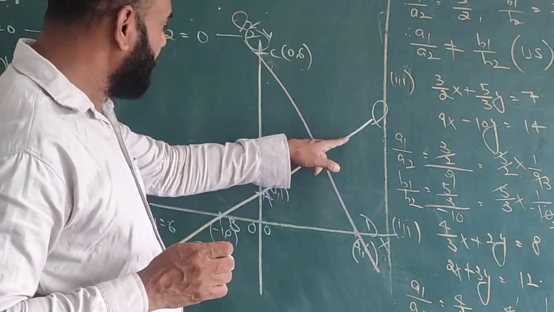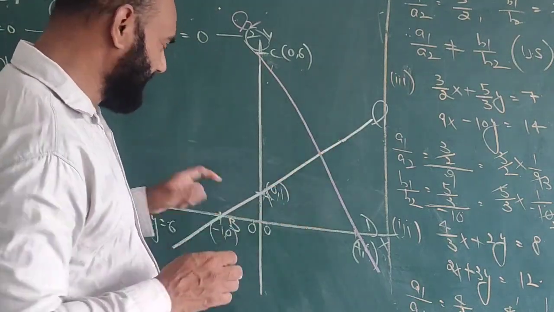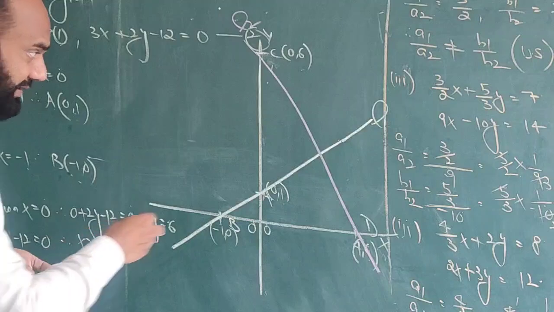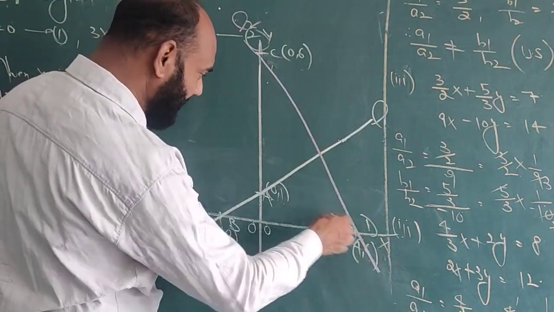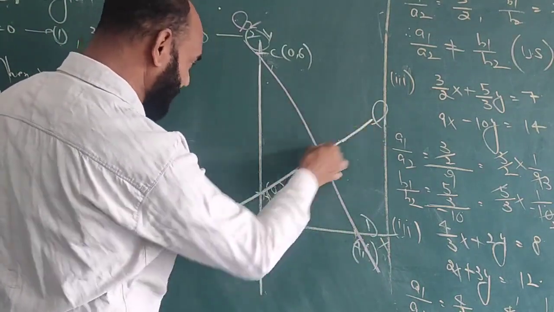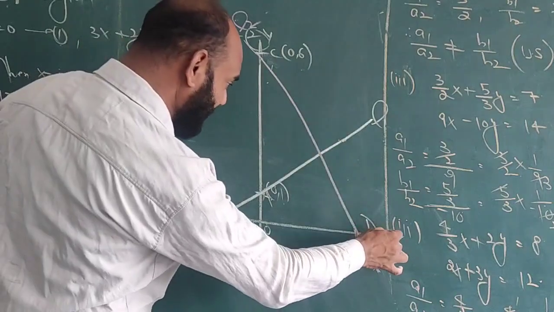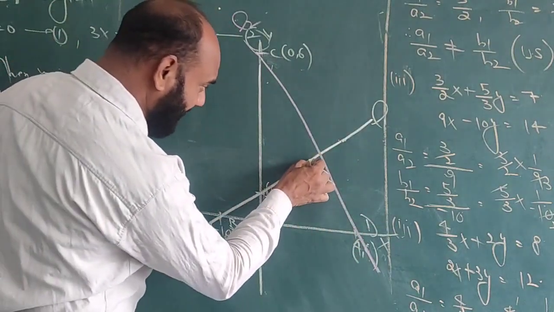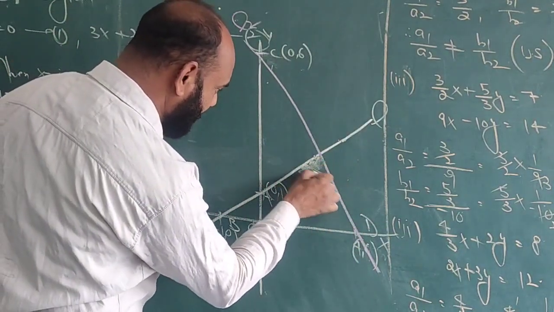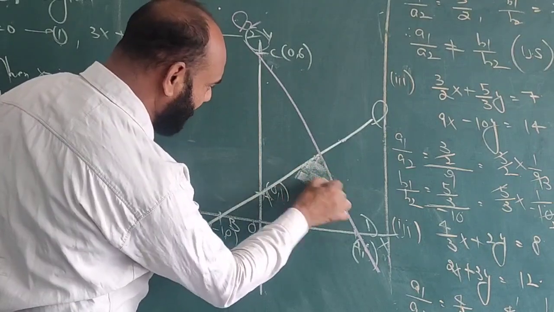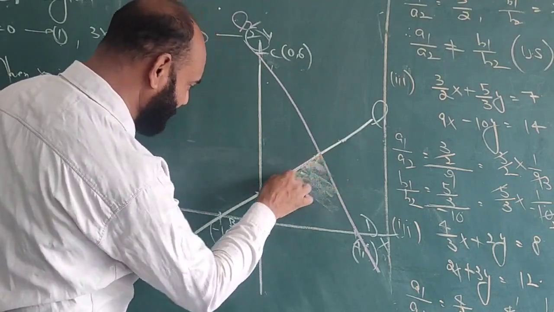Now it is also given to find the vertices and also shade the region bounded by these two lines and the x-axis. The shaded region is this much, because this is the first line, this is the second line, and this is the x-axis, and the triangle is made by these two lines and the x-axis. This is the required triangle.